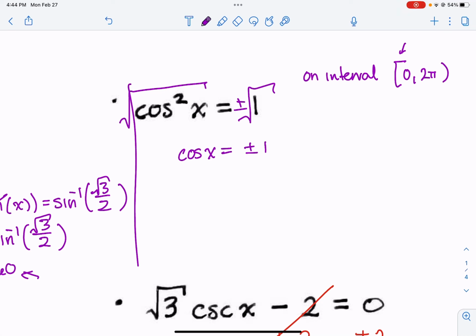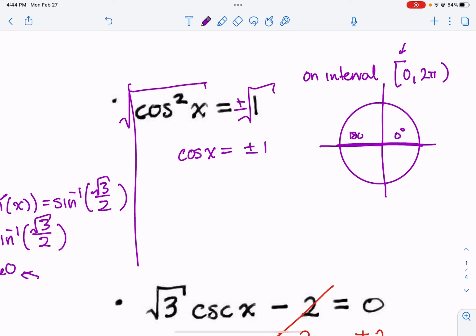And so if you think about the unit circle, where does cosine equal positive 1 and where does it equal negative 1? Well, there's only 2 spots. There's this angle line here, and there's this one over here. This is your 0 degree line, this is your 180, or if you prefer radians, this is 0 and pi.